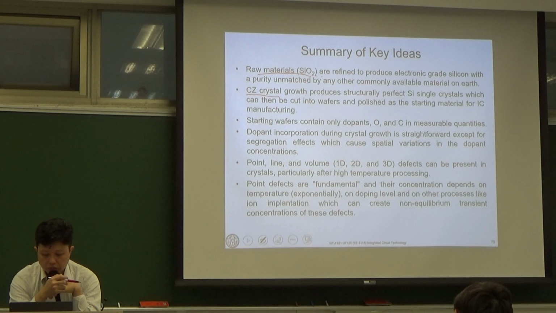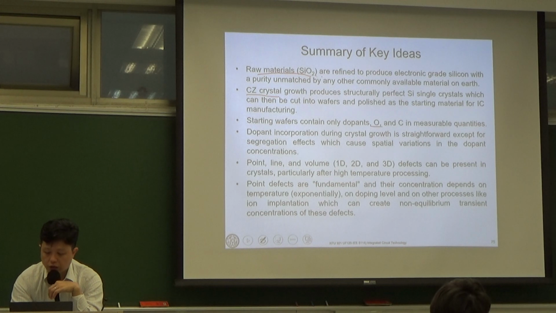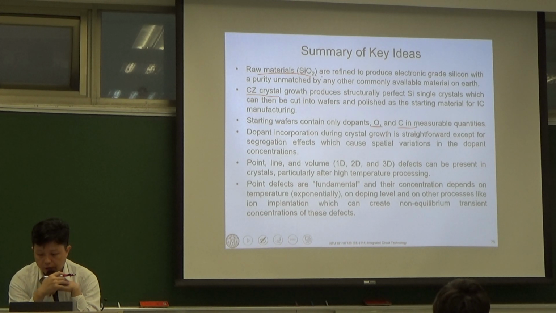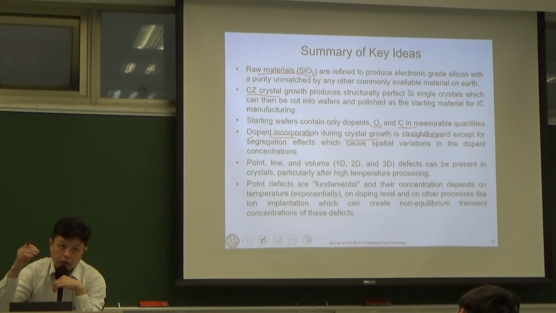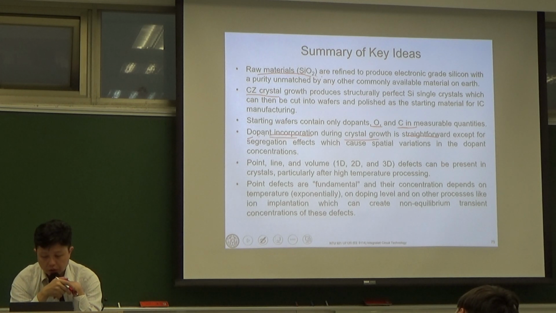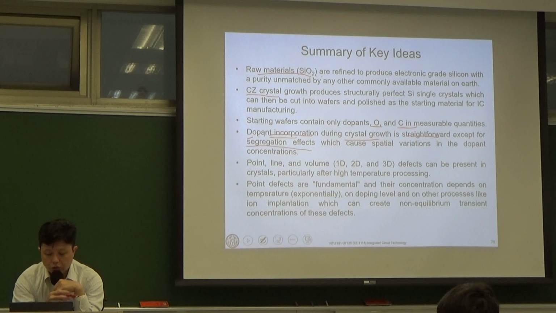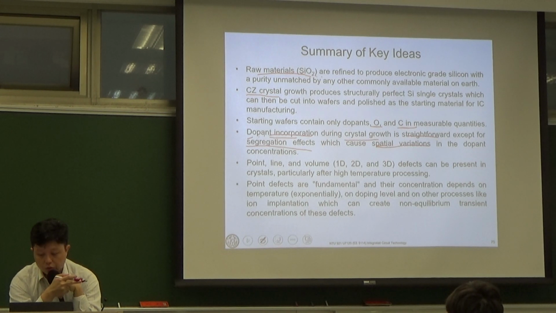Okay, but in this process, you have oxygen and carbon, and these numbers are in measurable quantities. And the dopant incorporation during this crystal growth is very straightforward. We can add some dopant in, but we have to be careful with our segregation coefficients, because that will create these spatial variations. Okay, that's the uniformity between your wafers.